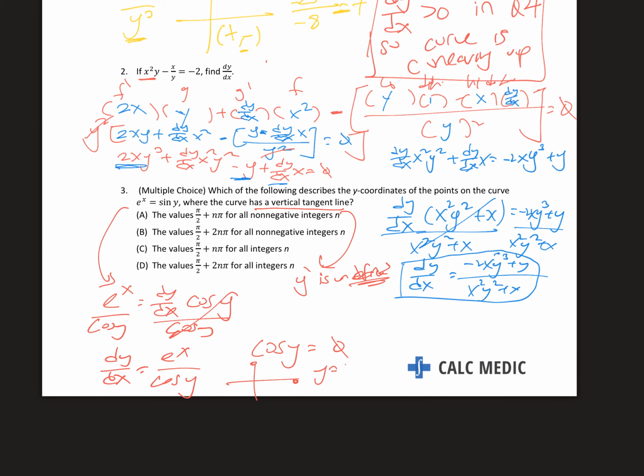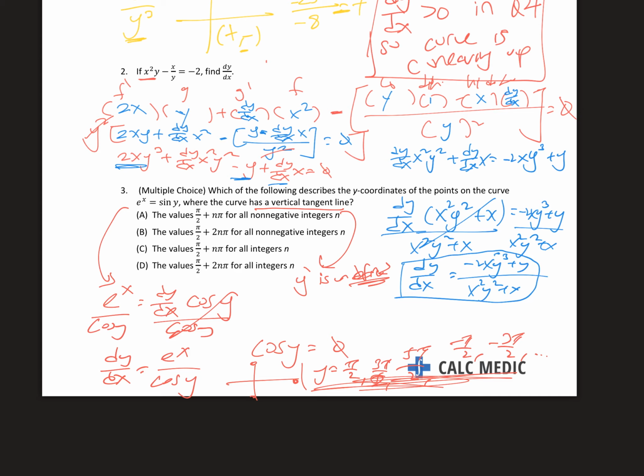So y is going to be equal to pi over 2, 3 pi over 2, 5 pi over 2, etc. And if I were to go in the negative direction, that would be negative pi over 2, negative 3 pi over 2, etc. So you guys get the idea, right? So these are all the places where my cosine will be equal to 0.